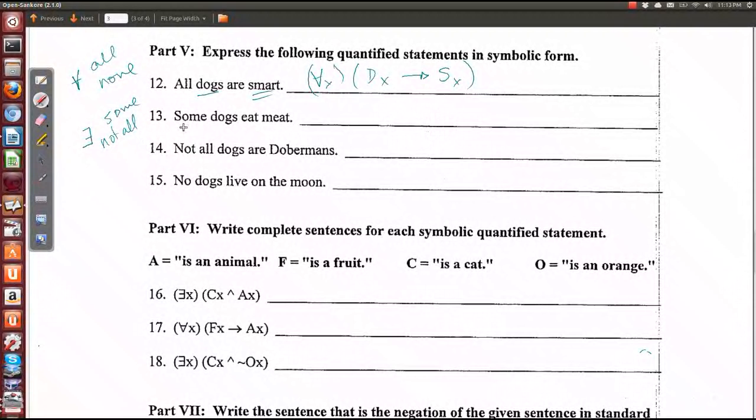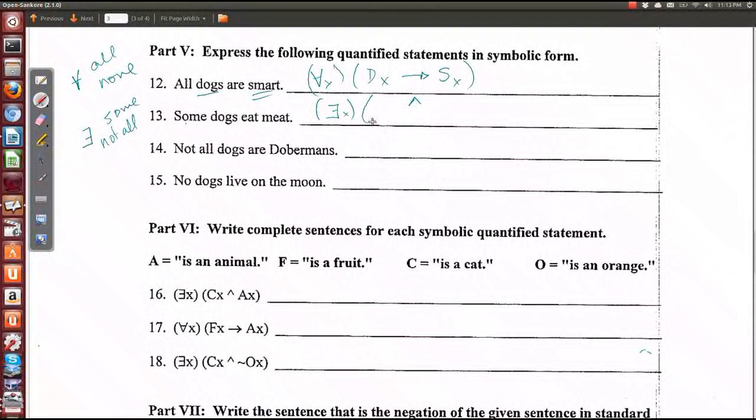For number 13, I see the keyword some, so this means we're dealing with an existential. And I'm saying they are a dog and they eat meat. Remember that existentials are always going to be conjunctions.